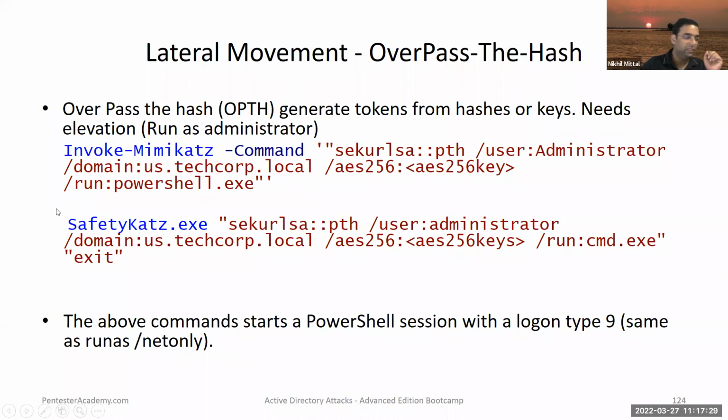The below commands need elevation, a high integrity process. That is, you need to run them as an administrator. So use this or this. The module is sekurlsa::pth, the user whose credentials you have, FQDN of the domain, AES key of the user, and the process that you would like to run.